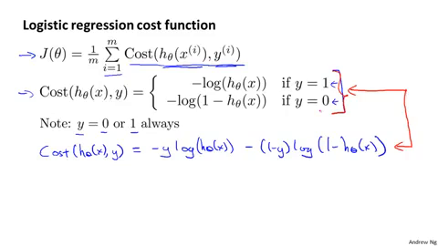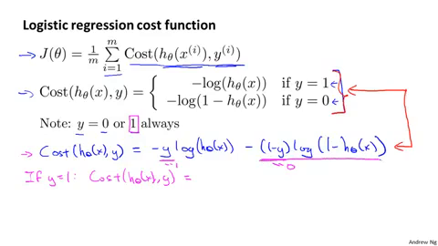We know that there are only two possible cases. y must be 0 or 1. So let's suppose y equals 1. If y is equal to 1, then this term here is equal to 1, and 1 minus y is 1 minus 1, which is therefore 0.